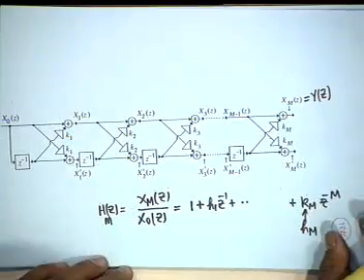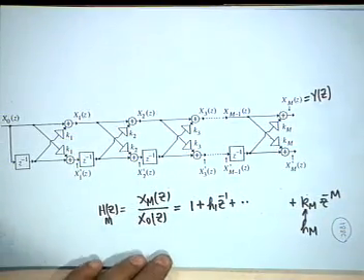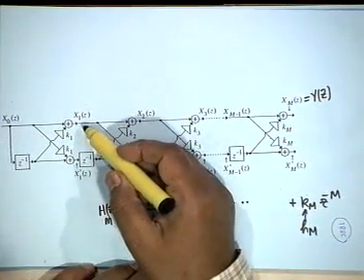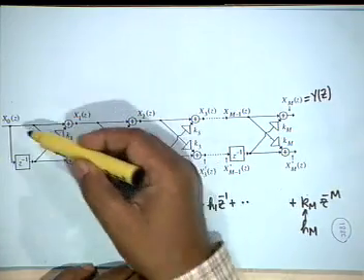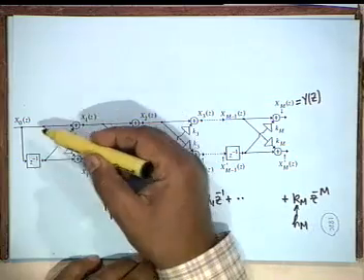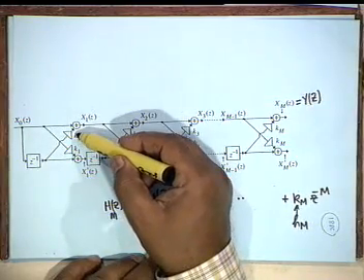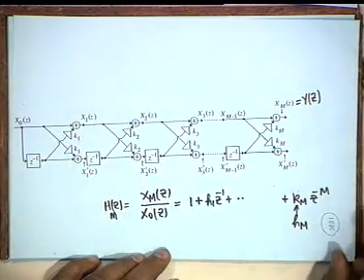Now, if we look at this diagram and try to construct the first few signals, capital X1, for example, capital X1 is X0 plus z inverse K1 X0.